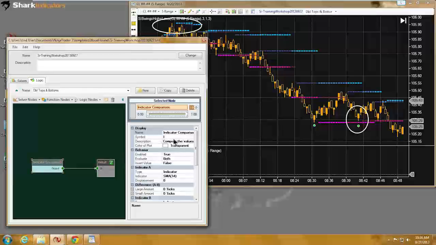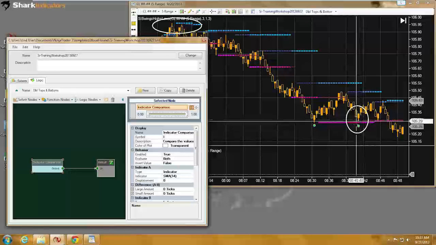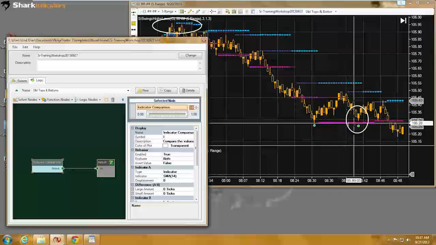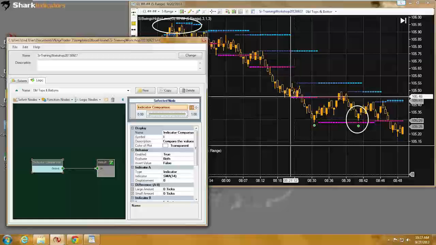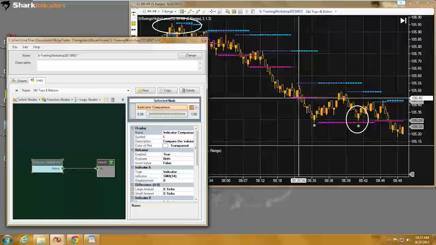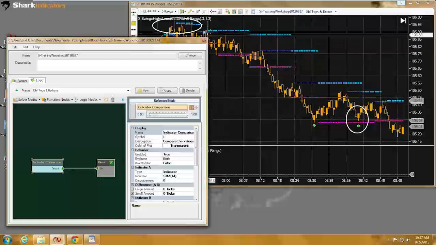The comparison solver will be doing the initial detection of price to the indicator's plot, and then I will have to add other solvers to create some filters here, because you can see that right here we're going to get a bunch of false triggers as the closing price or the low is near that plot, and we're going to get some false signals up here.